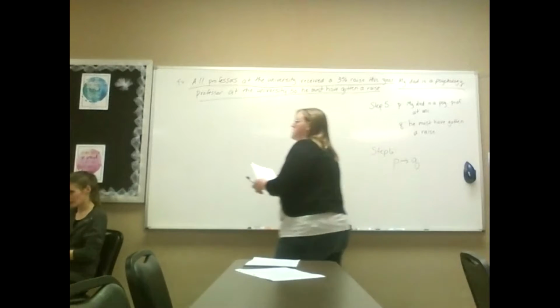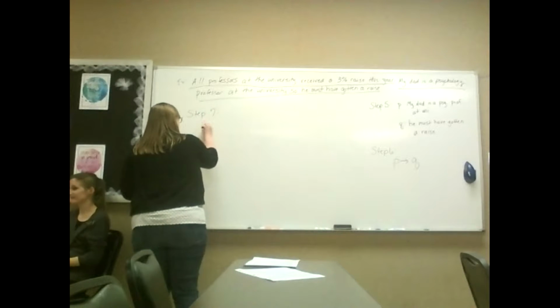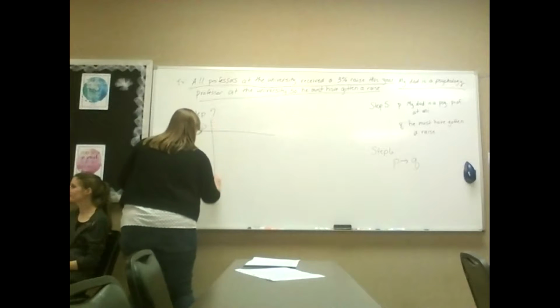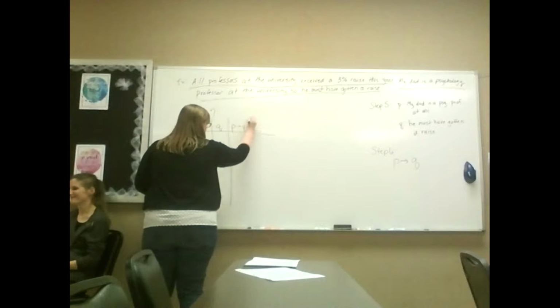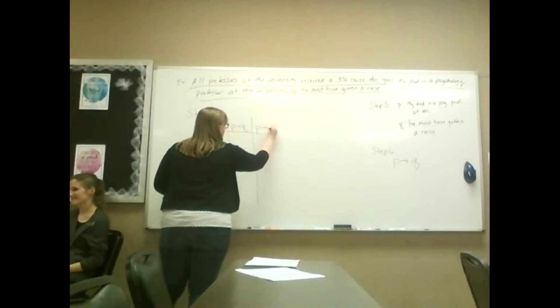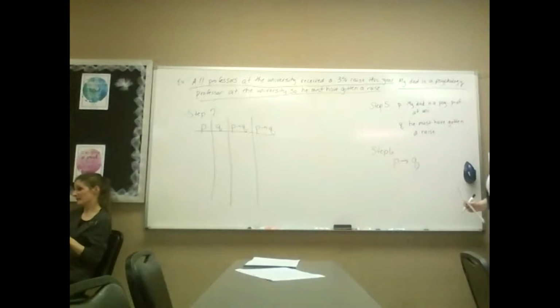All right, so step 7 is where we create the truth table. Remember, our truth table needs our variables decided upon from step 2, our conditional found in step 3, and our conditional found in step 6. I won't do any on the board, but you will see some on your homework and the activity we do.